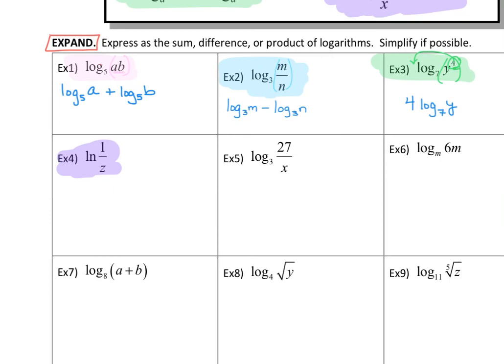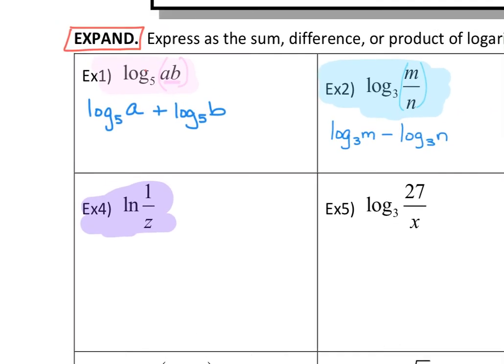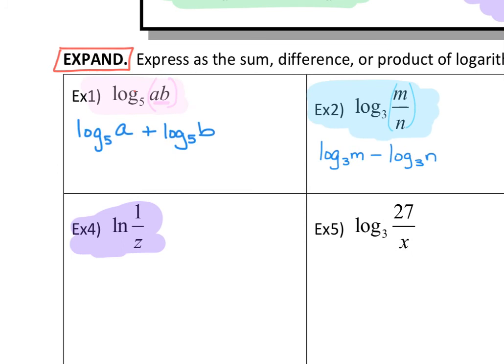And then the fourth example here is kind of like, in fact, some textbooks don't separate the concept of the log of a division problem, which is log minus log, from the log of a reciprocal fraction, 1 over something.